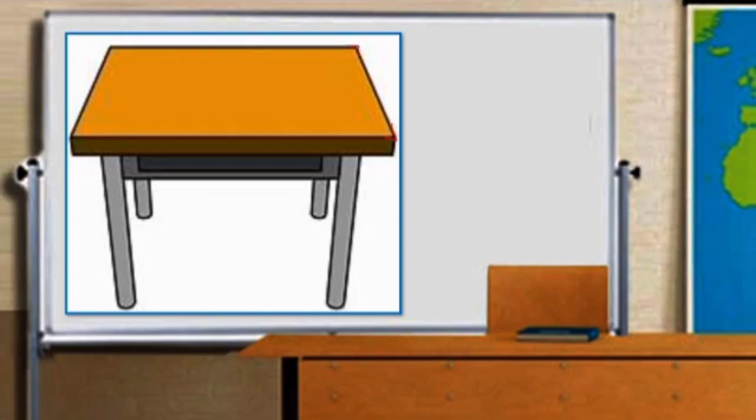Anong lines ang nire-represent ng edges or corners ng ating table? Tama, ito ay perpendicular lines. Kasi ang mga lines ng ating table, they intersect and form square corners.